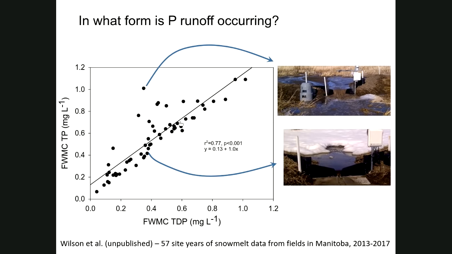And although those rare erosion events do occur and can result in a fairly large amount of particulate phosphorus moving from fields, even with snowmelt runoff in this case, there's a tendency towards most movement happening in a dissolved form, and those cases where there are erosion events tend to be rare, and I've also found them a little bit harder to predict.